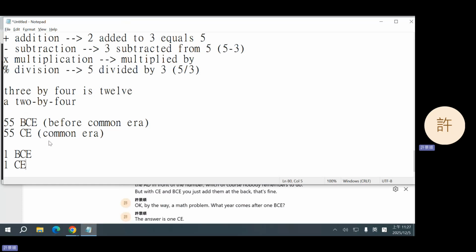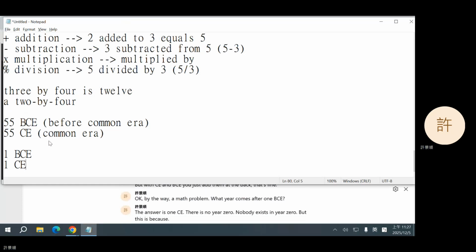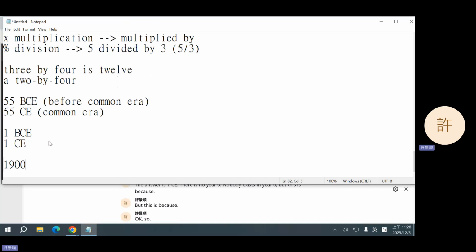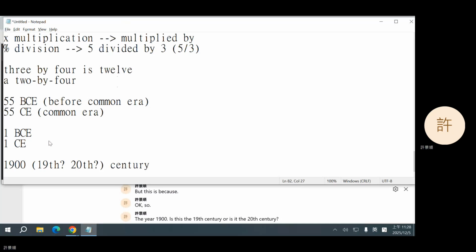But this is because, okay, so the year 1900, is this the 19th century or is it the 20th century? The 1900 is the 19th century. So 1 CE is the first century.